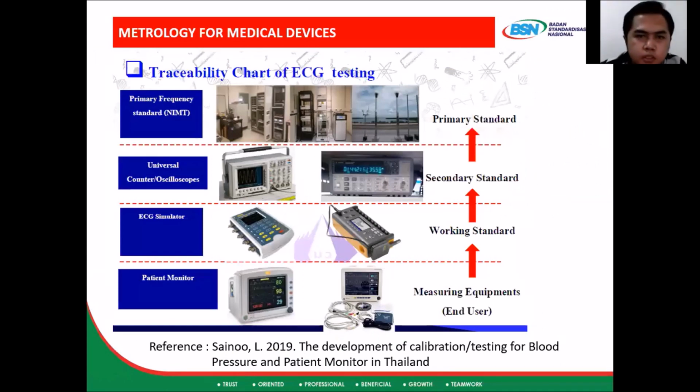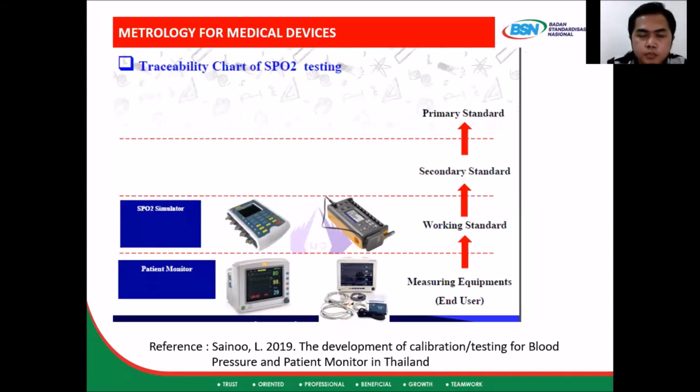And this is from the ECG, which I obtained from Mr. Likit from NIMT Thailand. The patient monitor, ECG simulator, then traceable to universal counter and the primary frequency standard. And this is the SpO2. This is the missing link between the measuring equipment and the primary standard.